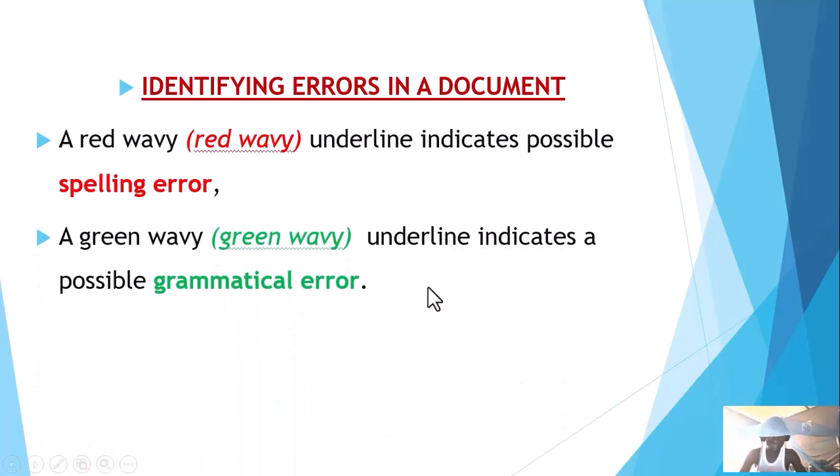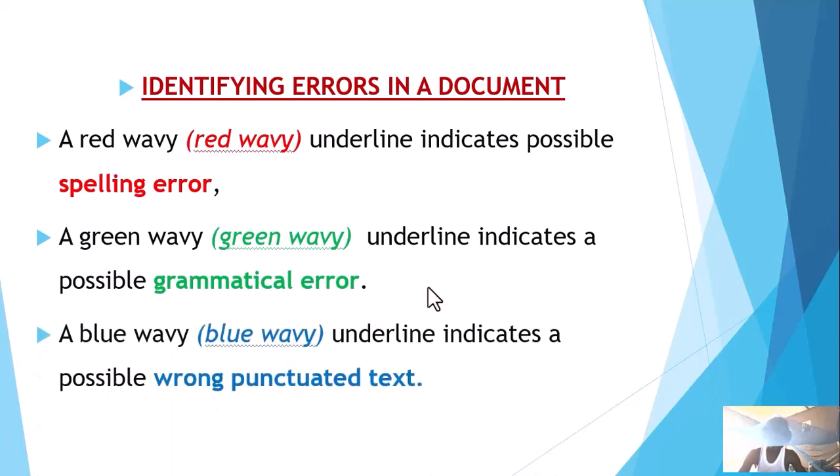A green wavy underline indicates a possible grammatical error. A blue wavy underline indicates possible wrongly punctuated text.